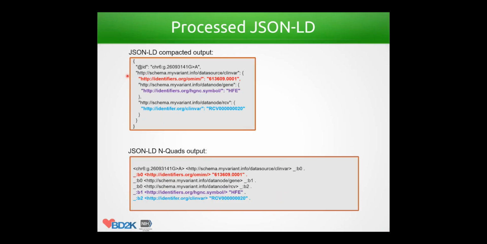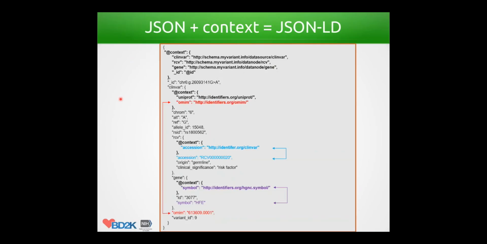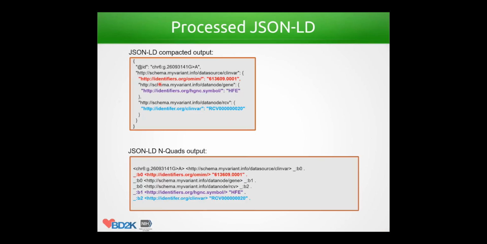So now, once we provide those extra contexts to the original JSON object, we can do some magic using the JSON-LD processor. One output is called the JSON-LD compact output. After we process the whole JSON-LD context, we can get a result like this. So this is a compact output.